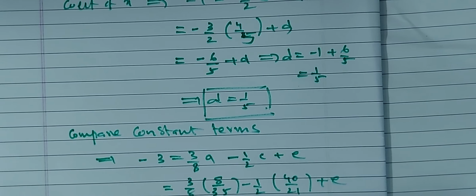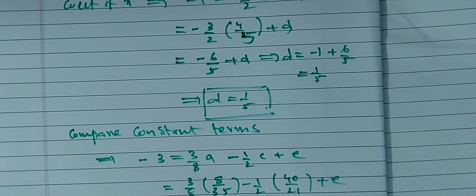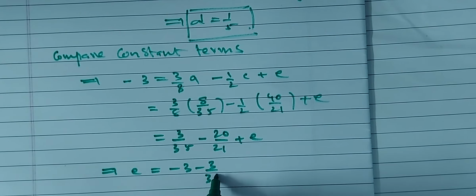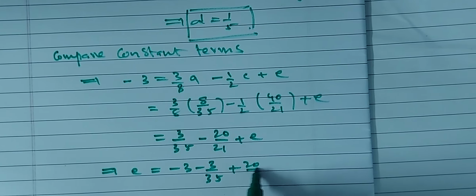This is equal to 3 by 35 minus 20 by 21 plus e, implies e is equal to minus 3 by 35 plus 20 by 21.